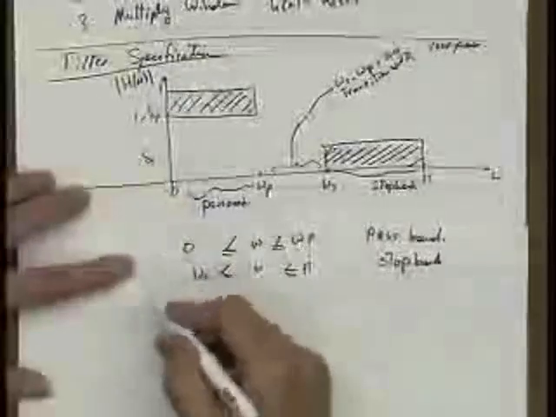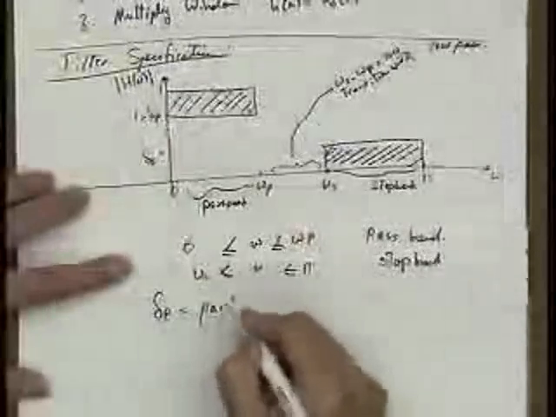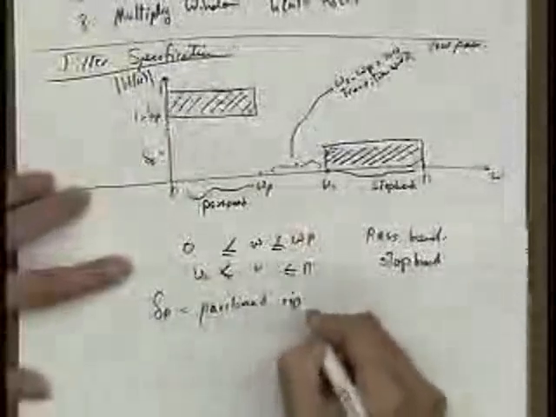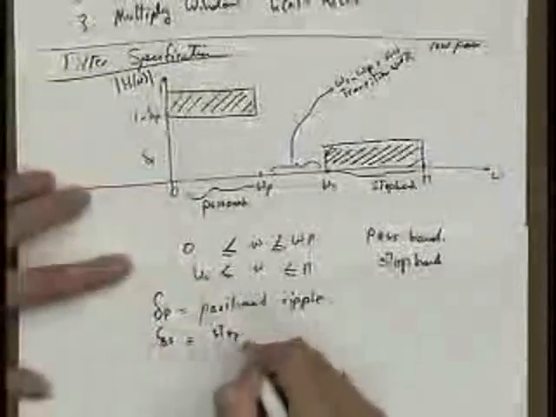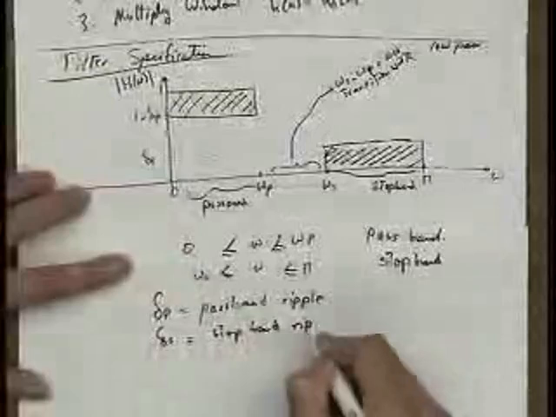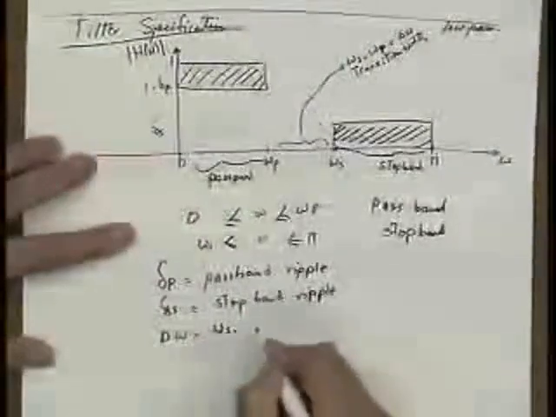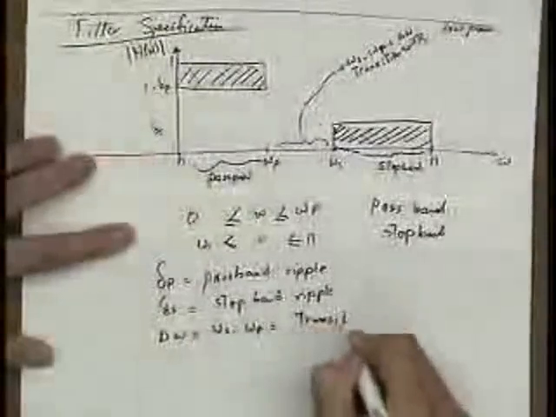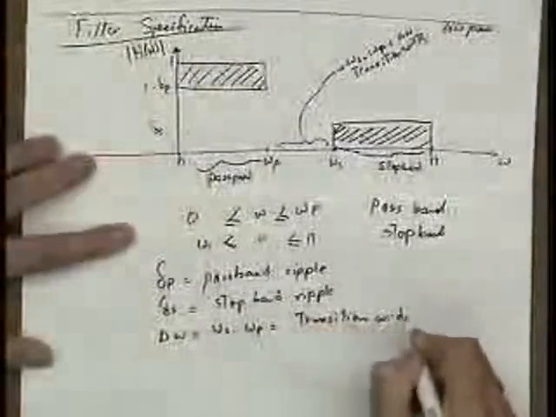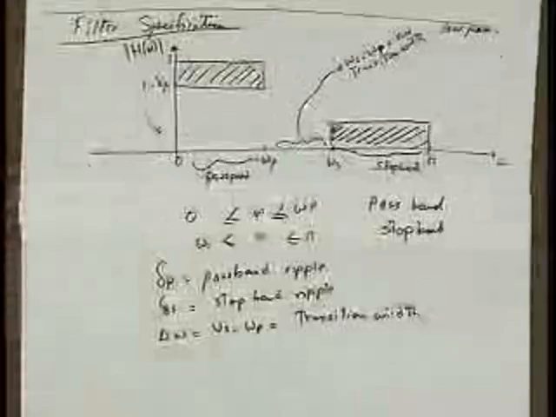Delta sub p is referred to as the passband ripple. And delta sub s is referred to as the stop band ripple. And delta omega, defined as omega s minus omega p, is called the transition width. Okay? So that's typically the sort of specs that you end up getting.